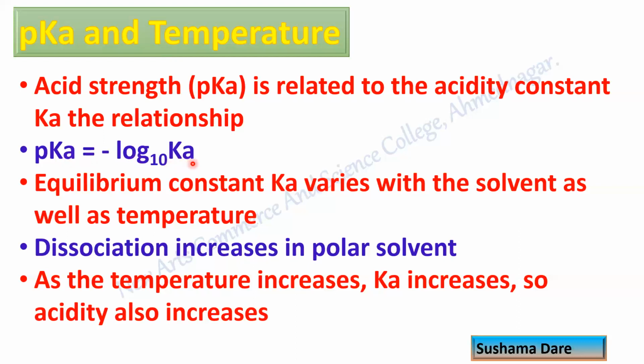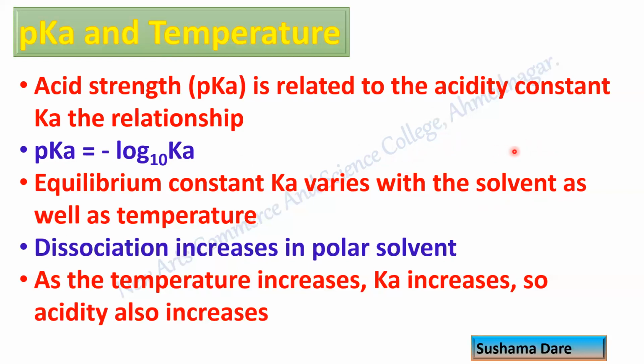It's an inverse relation. So as we are using a polar solvent here, what is the role of the polar solvent? Just now I said that the polar solvent stabilizes the conjugate base as well as the conjugate acid by way of solvation. Because of this, the rate of dissociation increases.